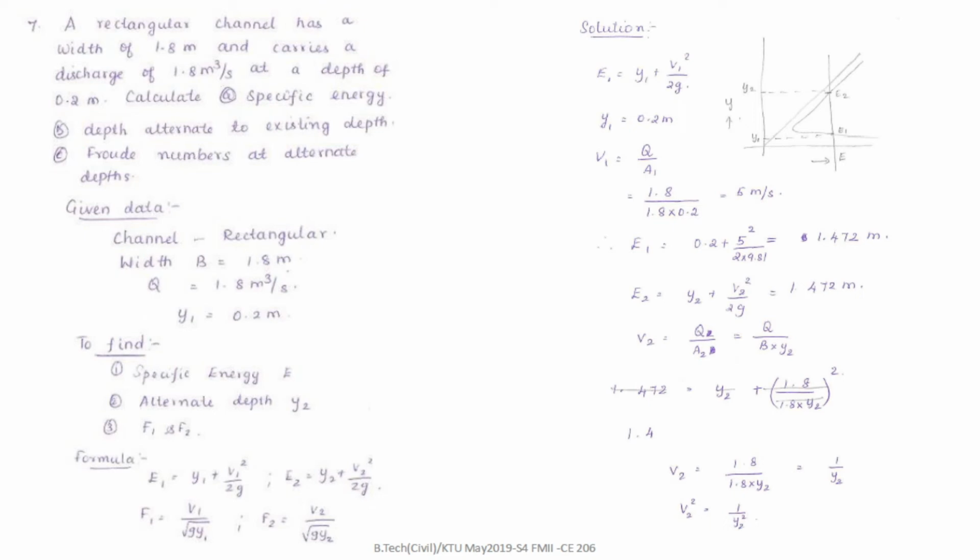First, you have to understand the concept. What is the concept here in the specific energy? Here I have drawn the diagram. See the diagram, x-axis and y-axis. In the x-axis it is energy and in the y-axis it is depth.